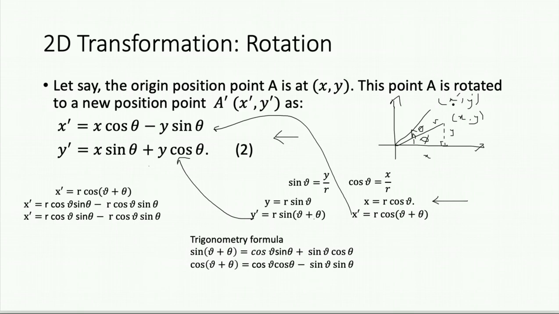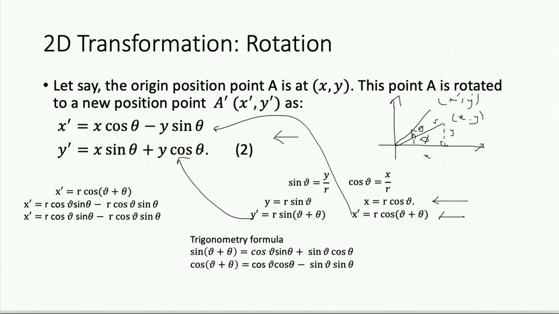From this basic equation, we extend it, because now we have our new position, which we get after we rotate the original straight line to a new position with a certain angle. Let's say the angle is theta. So y prime is equivalent to r sine (alpha plus theta) and x prime is equivalent to r cos (alpha plus theta), and these two equations are the same as in equation 2.